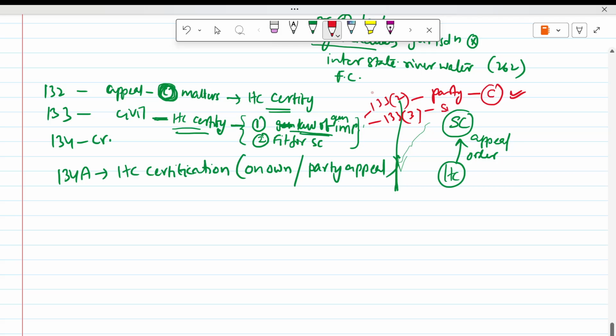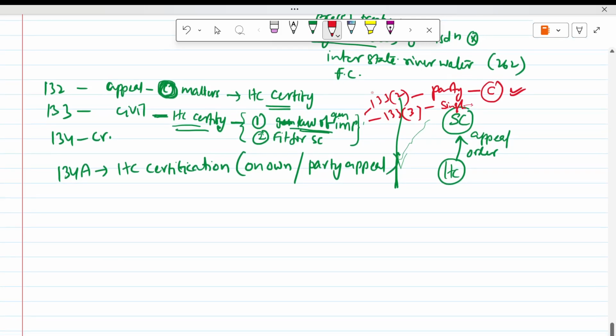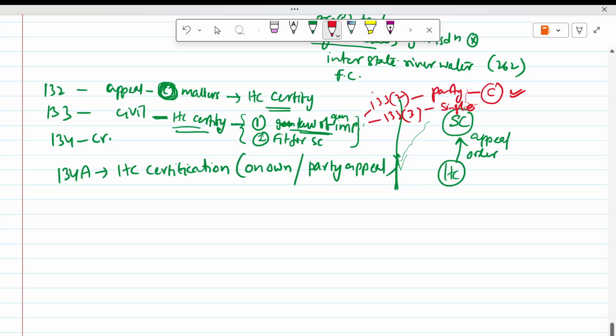If it is a single judge order, you cannot appeal unless Parliament by law creates it.